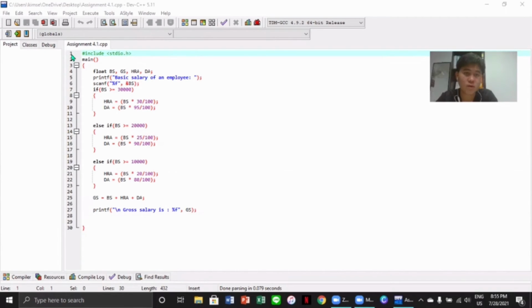So first we put include stdio, the same as the first program, and the main function, and float BS, which stands for basic salary, GS for gross salary, and HRA and DA. Why do we use float? Because there is always a chance of it being a decimal.